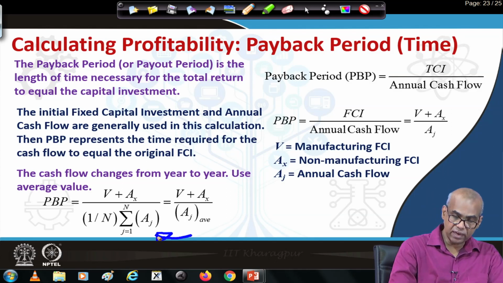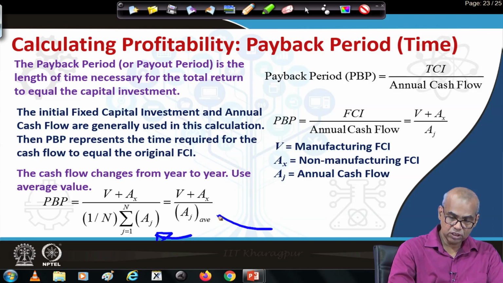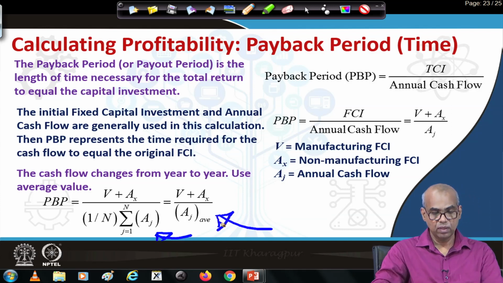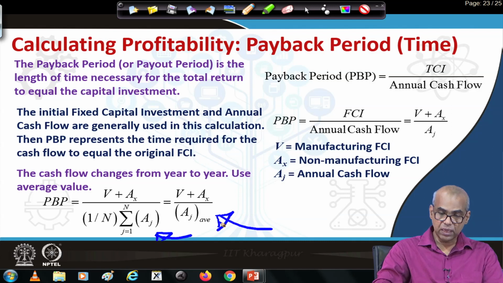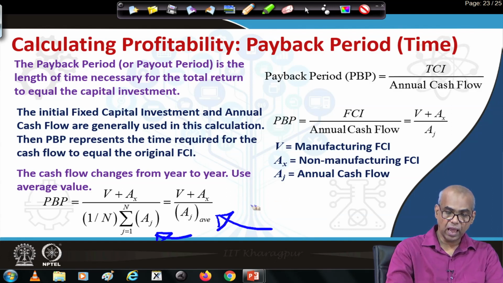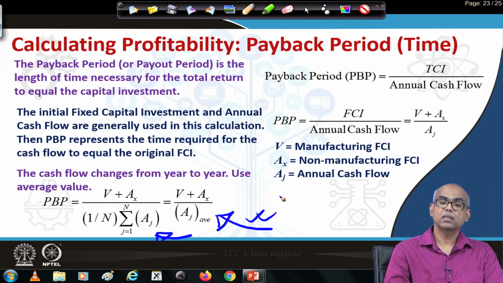In that case I get the average annual cash flow. So, the payback period is B, which is manufacturing fixed capital investment, plus AX, which is non-manufacturing fixed capital investment, divided by average annual cash flow.